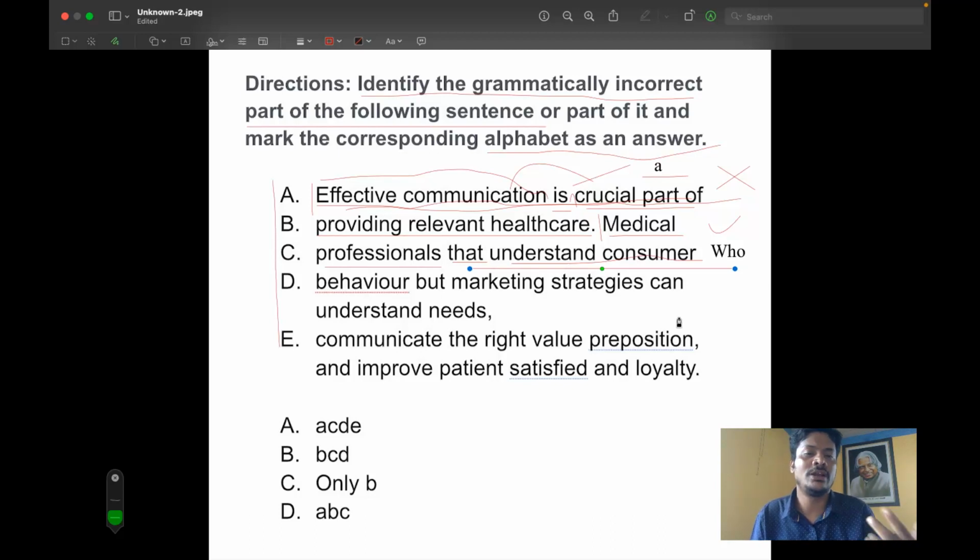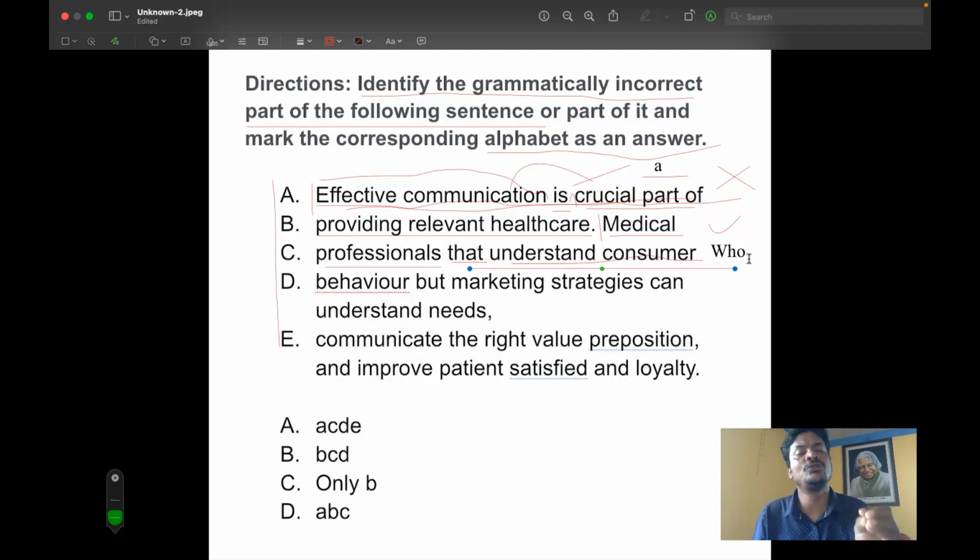Let's say child, let's say dog, let's say doctor, or any object also can be used with that. Besides that, you also use it with any clause like "whatever you say that is true", or "it is that what you say". So that is generally used with a clause and relates to the neuter gender.